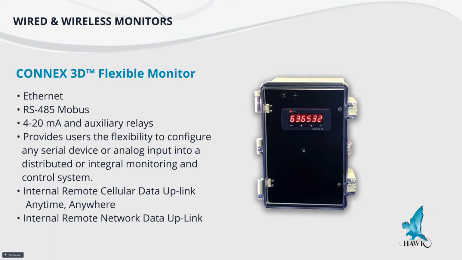We need something very flexible that can be configured over any serial device or analog loop that you would have in your field. This hardware gives us the ability to do that.